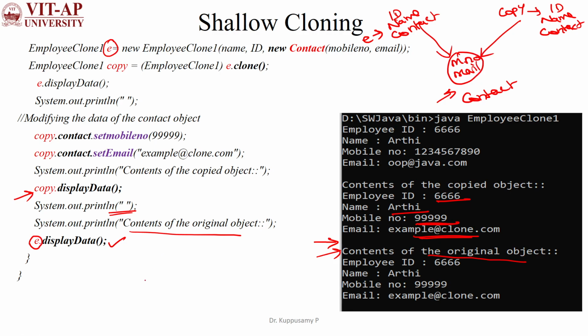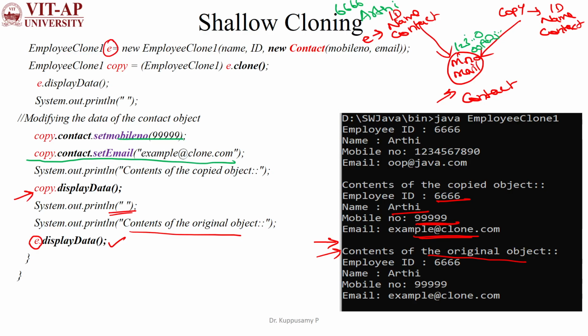In this one, initially it was Arti, right? Arti is the name, id is 46. Then the mobile number was 123 etc 0, and the mail id was oop@java.com. Now in this place we changed the values.